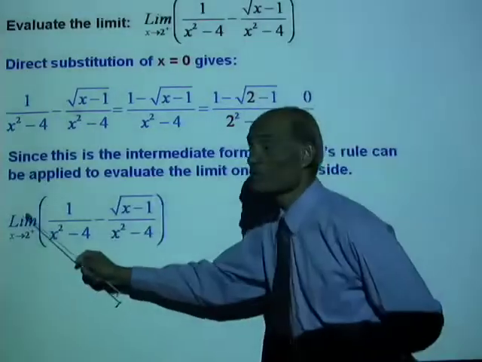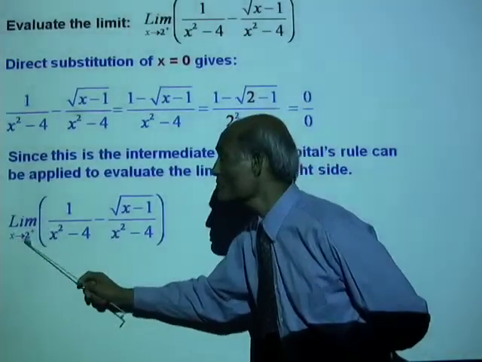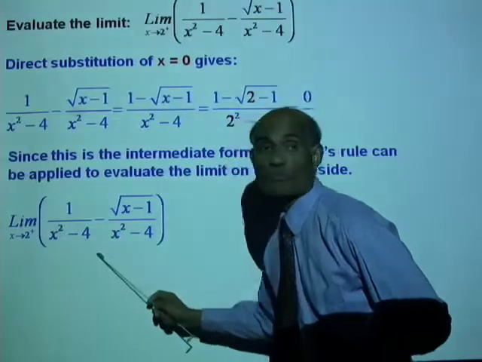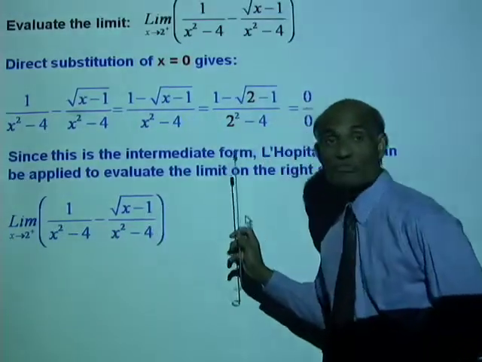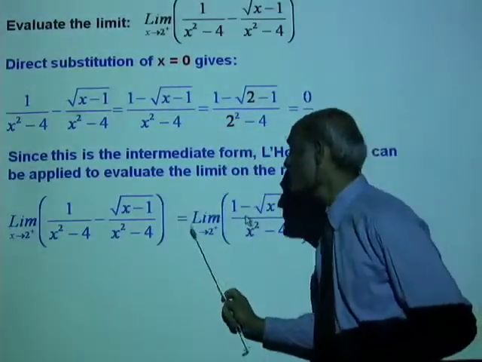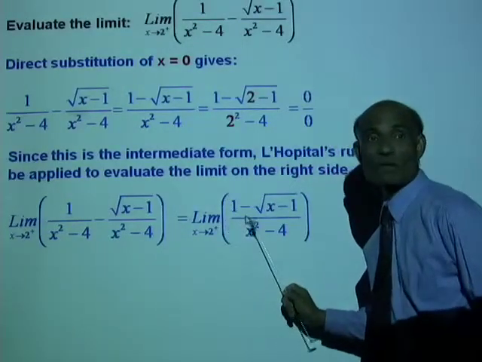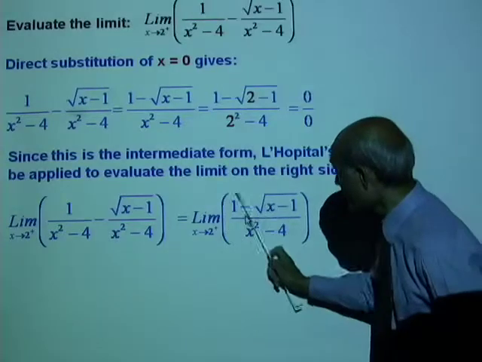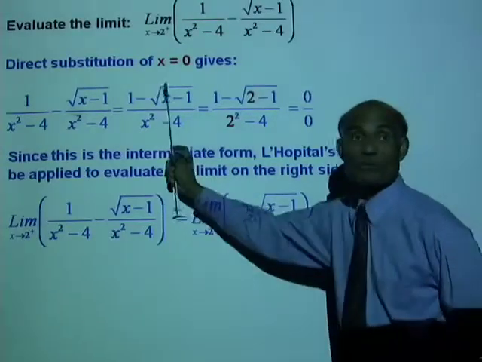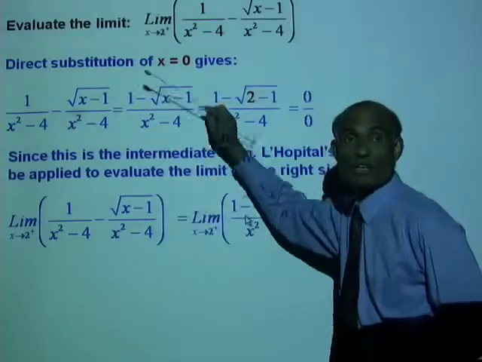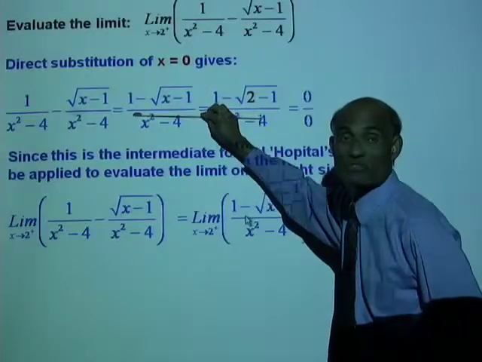Therefore, the limit as x approaches 2 from the right of this quantity is the same as the limit as x approaches 2 from the right of this simplified form. In other words, we combined it into f of x divided by g of x.